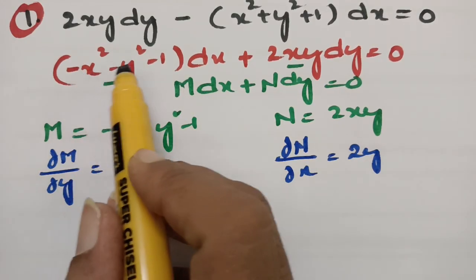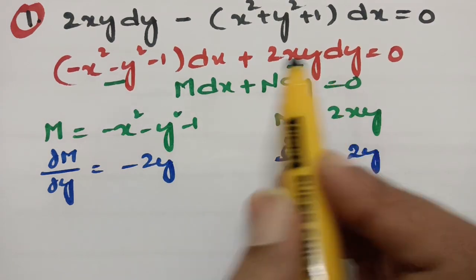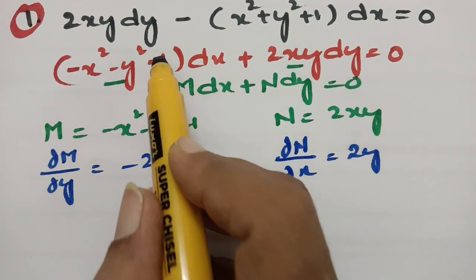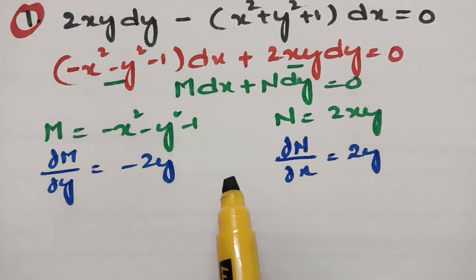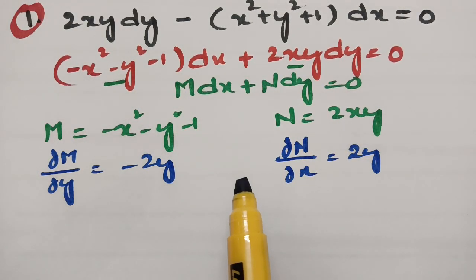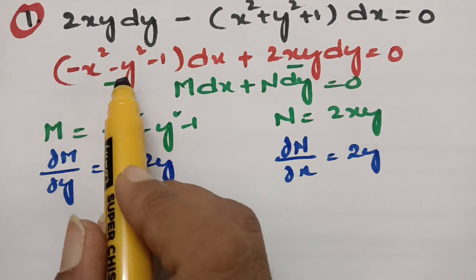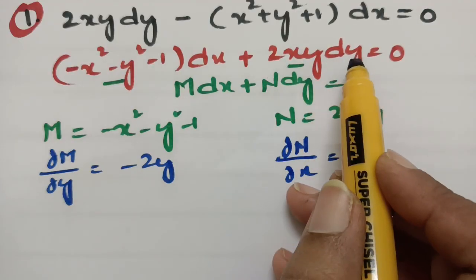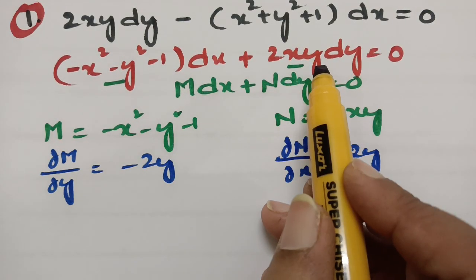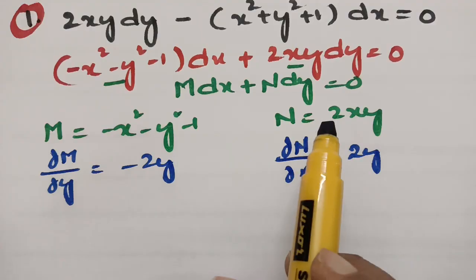There are two variables here, but there is a constant in between, so it is not a homogeneous differential equation. The second type also fails. And the third type, the question should be in the form of f of xy times y dx plus g of xy times x dy. So this is not of the third type, and we have to go with the fourth and the fifth type.